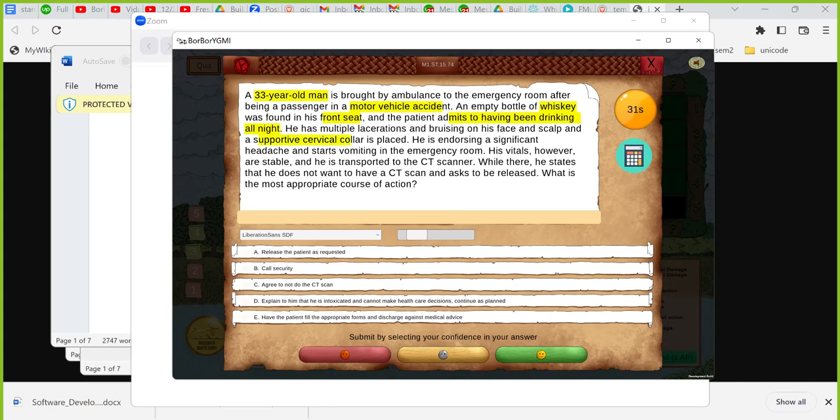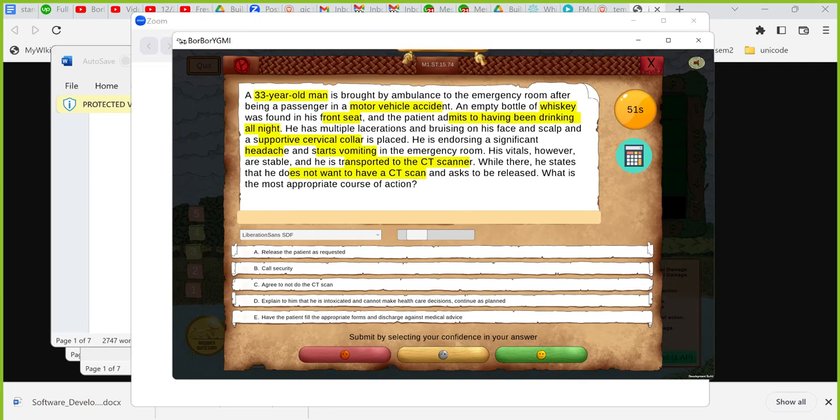He is endorsing a significant headache and starts vomiting in the emergency room. His vitals, however, are stable, and he's transported to the CT scanner. While there, he states that he does not want to have a CT scan and asks to be released. What is the most appropriate course of action?